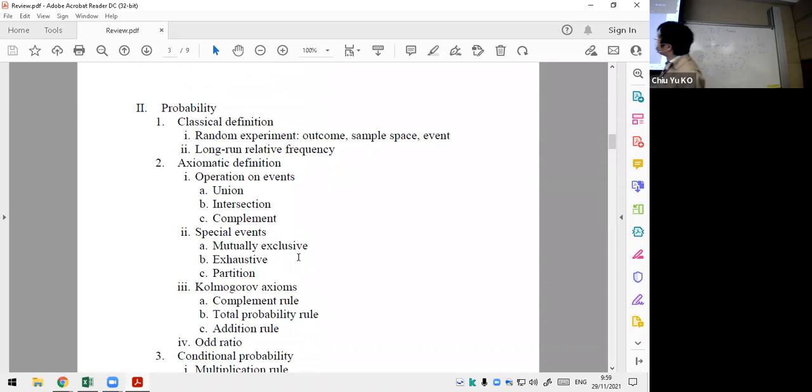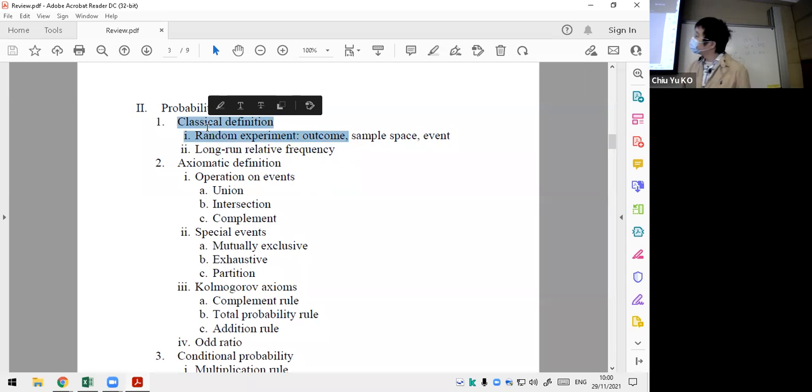The second one is about probability. We first start from the definition, the classical way, which is about relative frequency. So how many outcomes are favorable to the event over the total number of outcomes if you do many experiments. This is the empirical or classical definition, as we said.